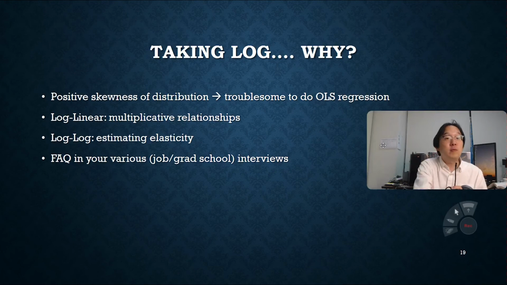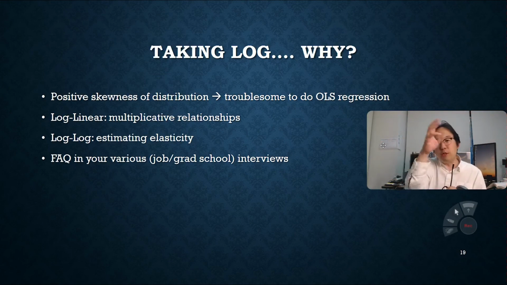When you assume some kind of multiplicative relationship among variables, then you can take log for the dependent variable. The positive skewness is not necessarily for the dependent variable. It is much more for both the dependent variable and the explanatory variables.